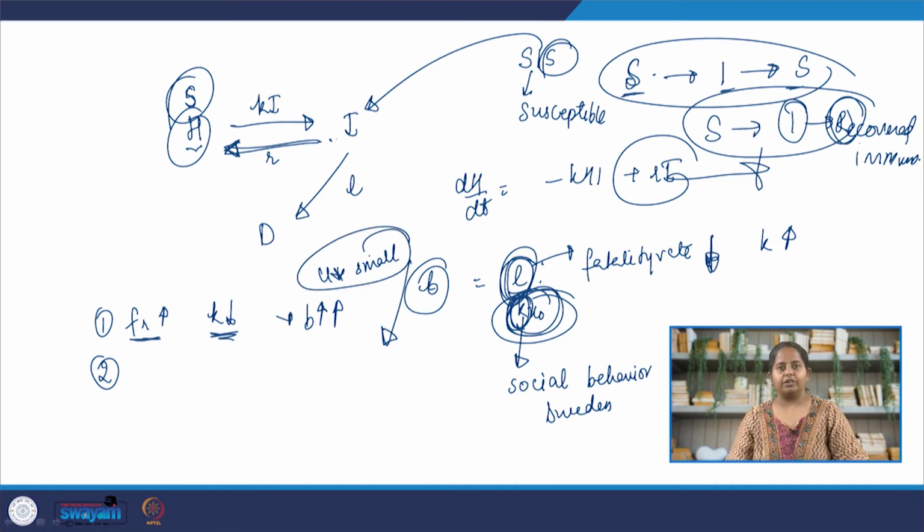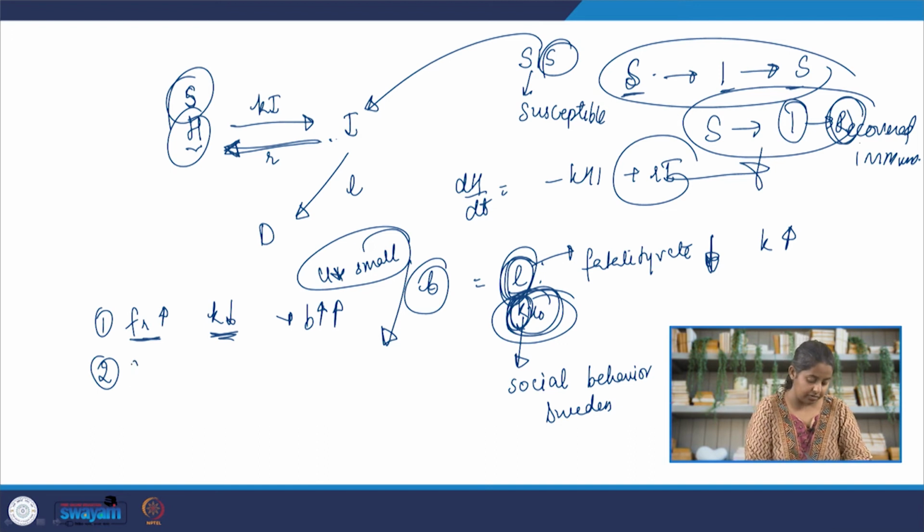So the overall fatality would be small, not many people will die, and the disease is going to die out. I think one example is the Nipah virus that spread a few years ago in Kerala, South India. What happened was the fatality rate was very high and the government jumped in, made sure that the K remained low. The number of interactions remained low, and we did not see an epidemic of Nipah virus across the country. Very controlled, very well done.